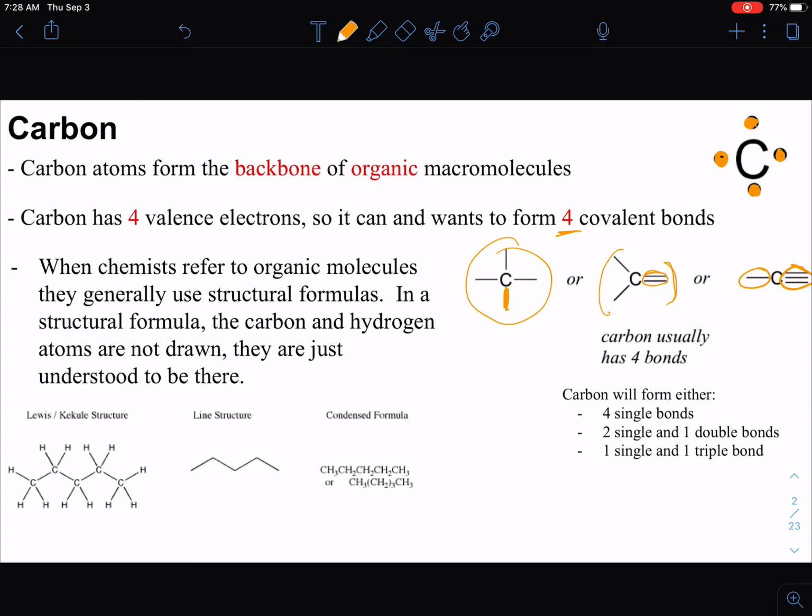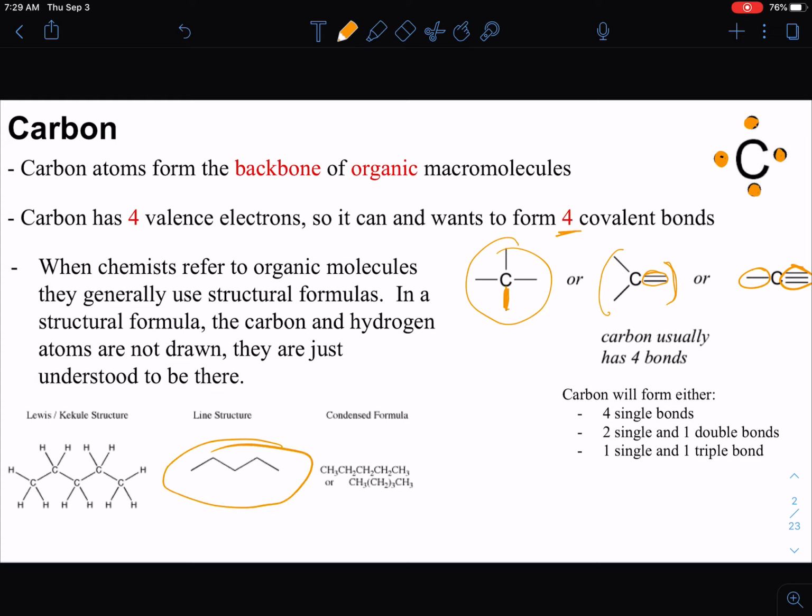Now, whenever you are looking at carbon, or organic molecules, let's say, and you see them on the Keystone or you see them in other places, a lot of times you're going to see them as structural formulas. And a lot of times in structural formulas, you're going to see them drawn where the carbon and hydrogen atoms aren't drawn and they're just understood, meaning like this, where you see that line structure.